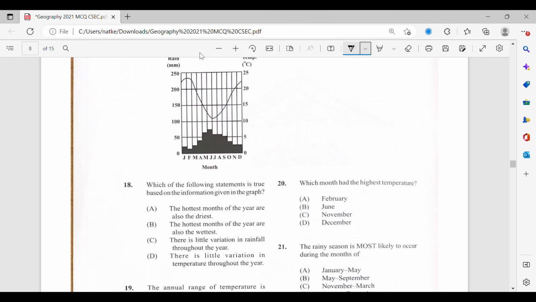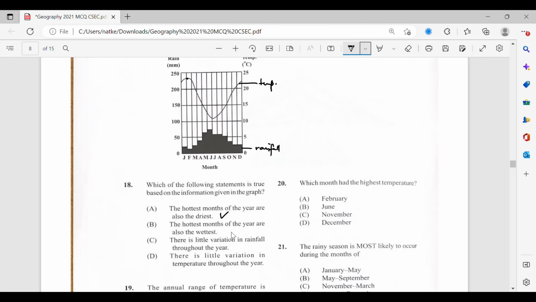So let us see. This line here is showing us the temperature, and the bars below are showing us the rainfall. So it says the hottest months, which would have been the months with the highest up here. So that is February, January, are also the driest. So we're seeing a small amount of rainfall in February, January, November, December. That looks true. Let's look at the others.